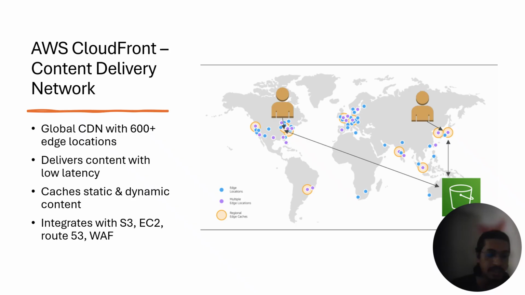For such content, CloudFront is most important. It is also integrated with WAF, Web Application Firewall, for security purposes. Not only that, it is also integrated with S3, EC2, and Route 53 as well.